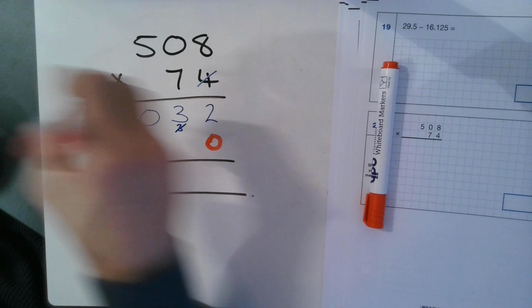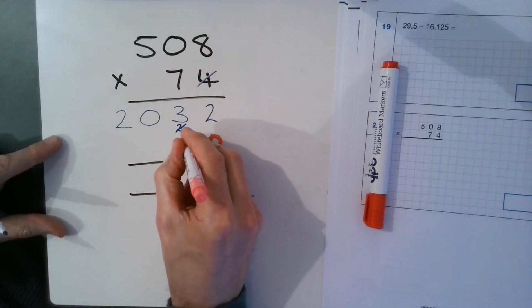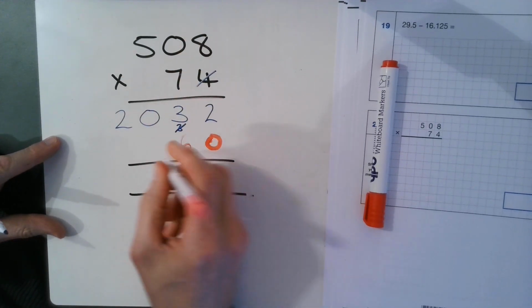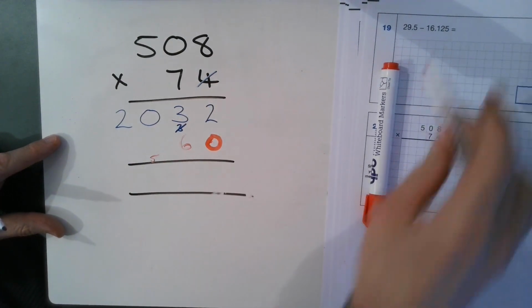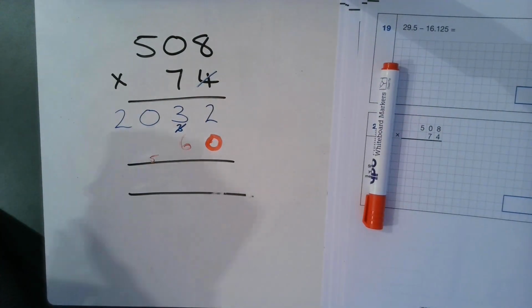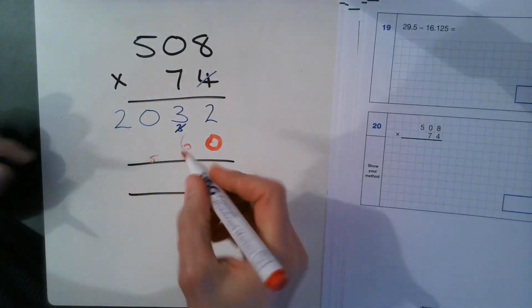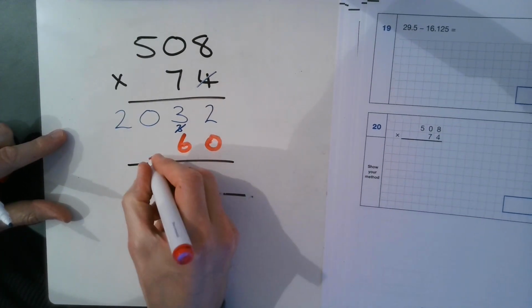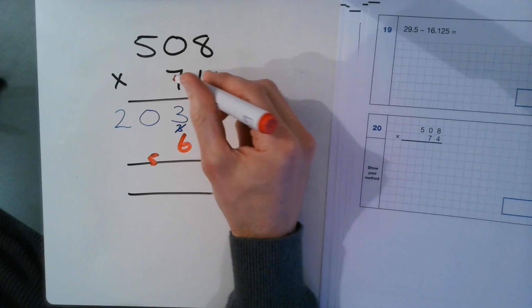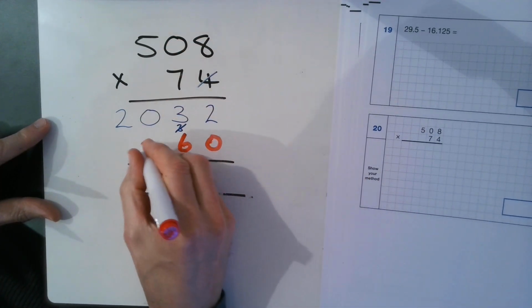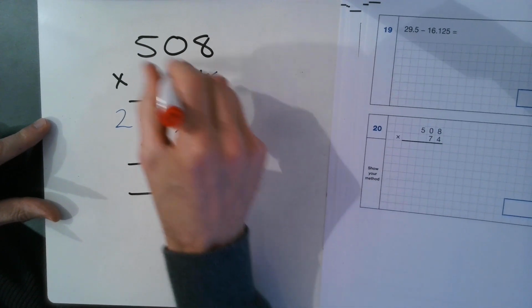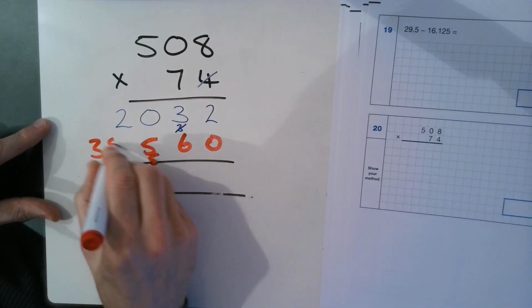So 7 times 8 is 56. And I'm having a good day with the pens. Let's go back and revert to this one. So that's 56. And 7 times 0 is 0. Add that 5, put that there. And then 7 times 5 is 35.